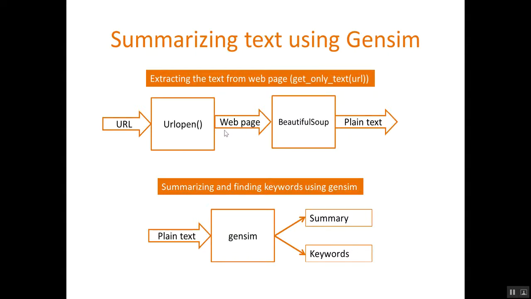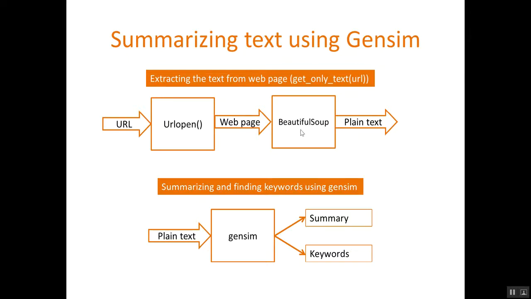but this web page will be in HTML format, which is not easily readable because it will have a lot of tags and other things. To beautify the text, that is remove all the tags, we use a function called beautiful soup function.